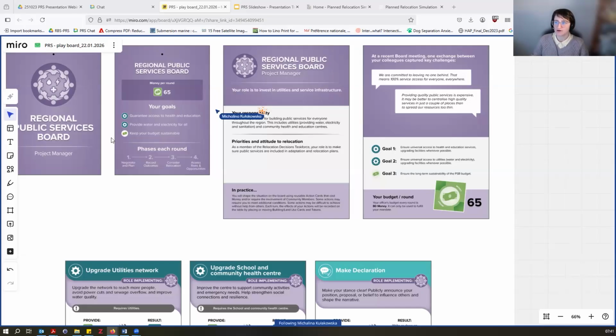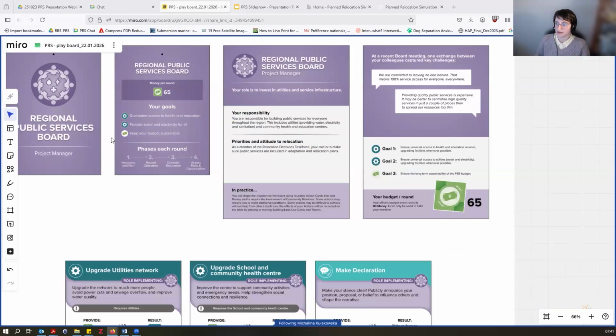Besides that, we also have a bit longer instructions that provide some inputs on the responsibilities, priorities, and attitude to relocation, and also some practical notes and information that will enable participants to understand what kind of role they are playing within the simulation.